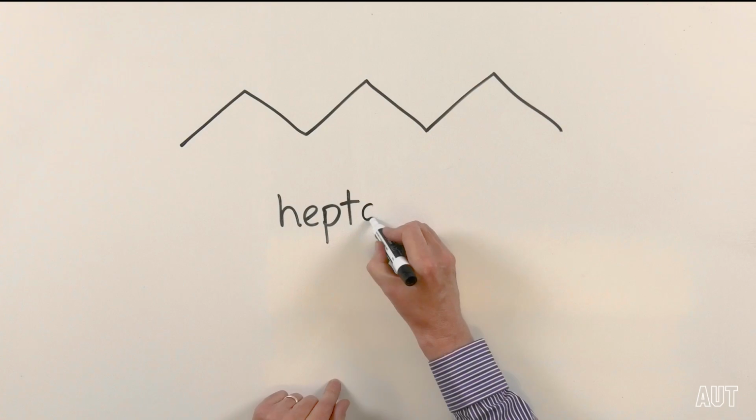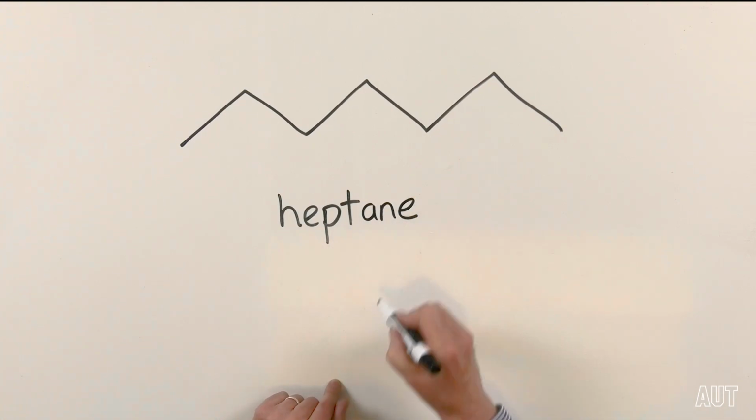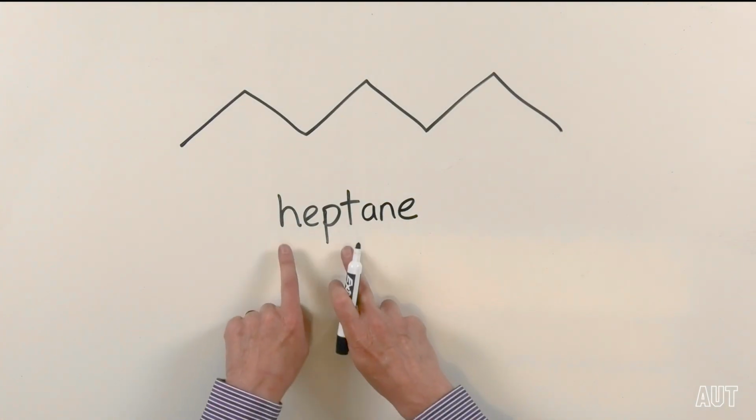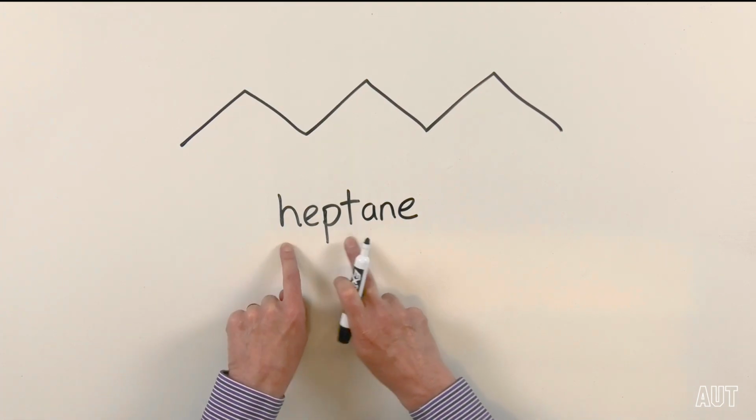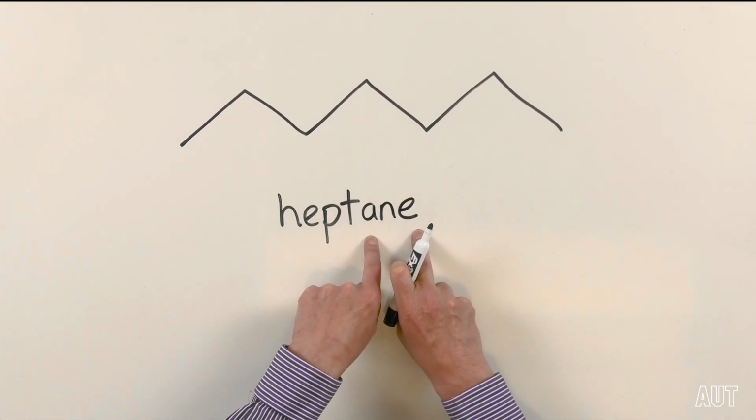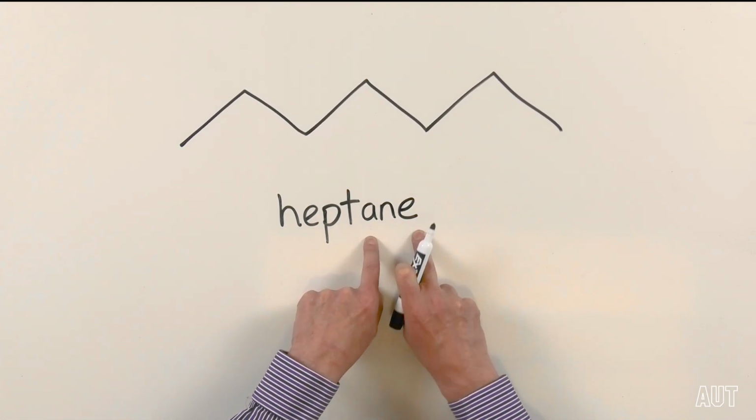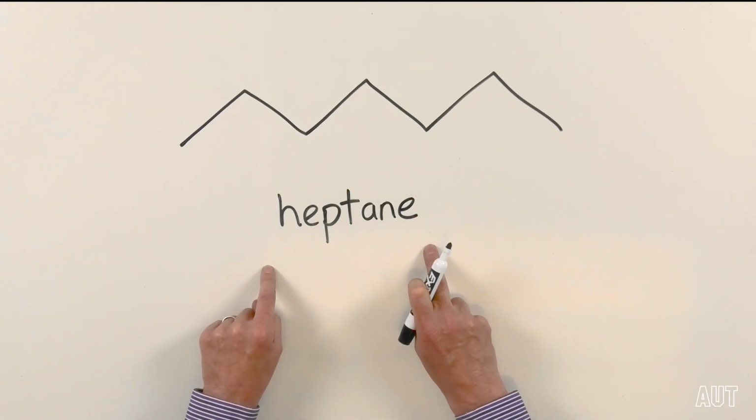If that is the situation, then we're going to have a suffix for our name that is going to be ANE. So hept is our prefix, ANE is our suffix, and the name of that particular molecule is going to be heptane.